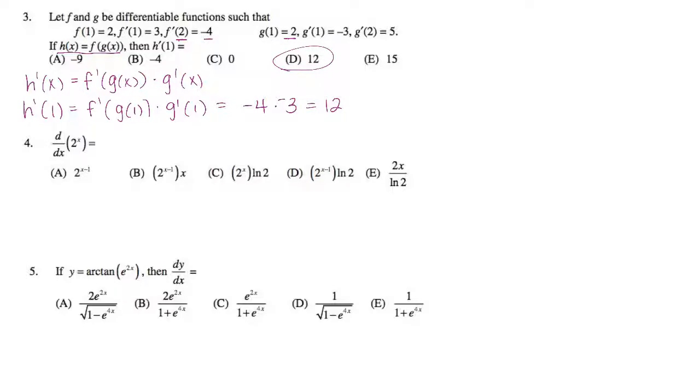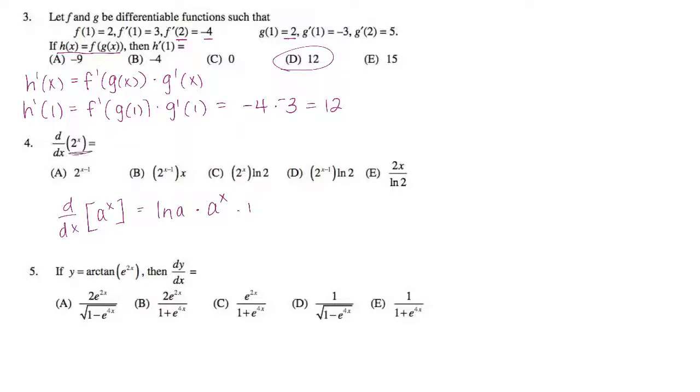Right? Our next problem, this is going to be a formula. If we wanted the derivative of a raised to the x power, that's going to be the natural log of a times a to the x, and then times the derivative of x, which in this case is 1.